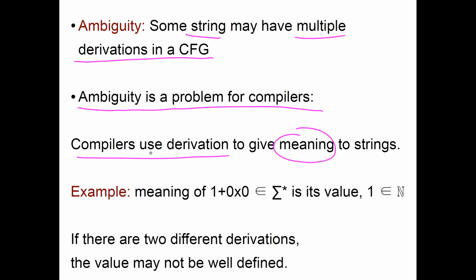A string at the beginning is just a bunch of symbols, but it is used to give meanings. For example, the meaning of a string 1 plus 0 times 0, which is just, again, a bunch of symbols, is its value as a number. Now, if there are two different derivations, then this value may not be well defined.